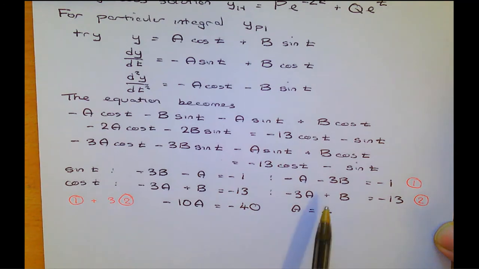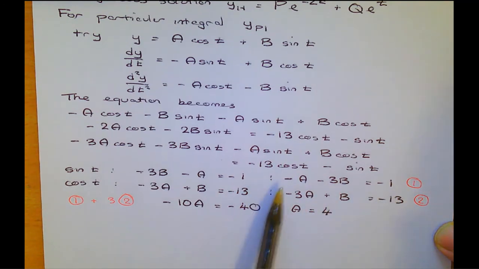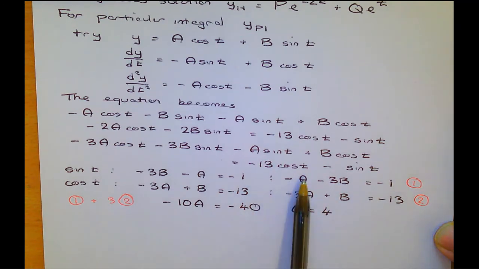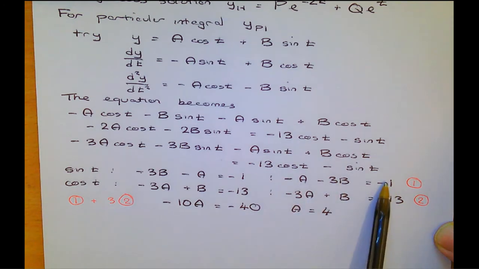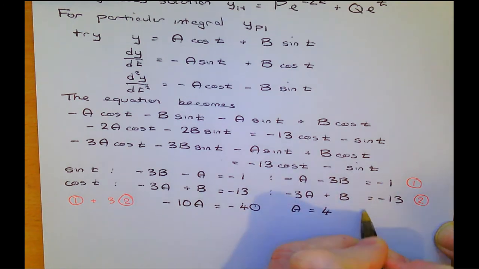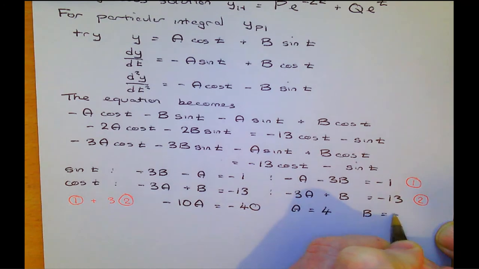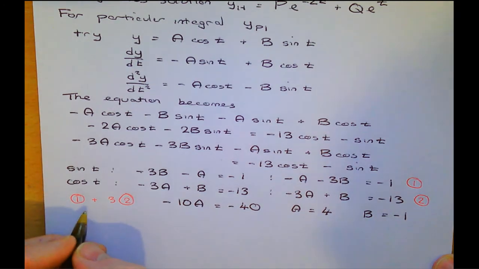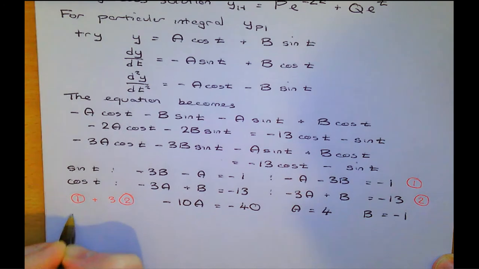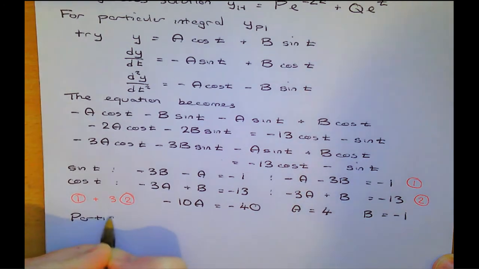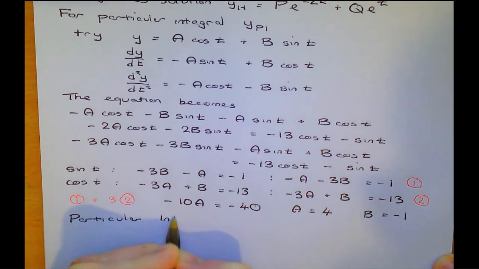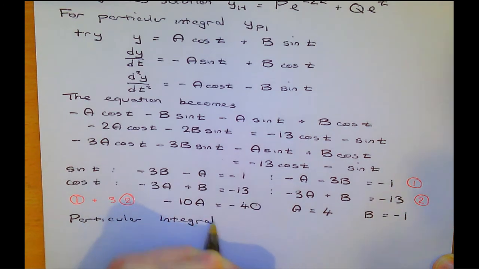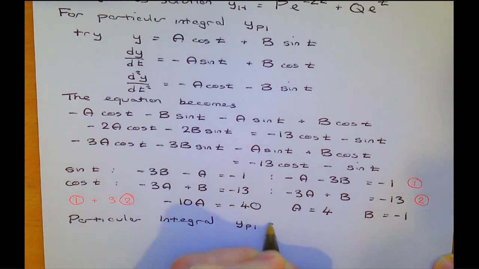And then looking at either of the equations here, minus 4 minus 3b is minus 1. We get that b is equal to minus 1. We can use the second equation to check this. So we have the values of a and b. We can write down the particular integral, y_pi.